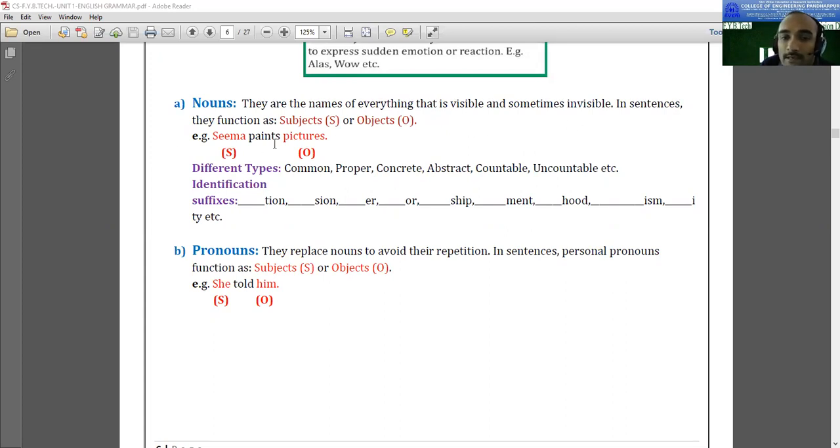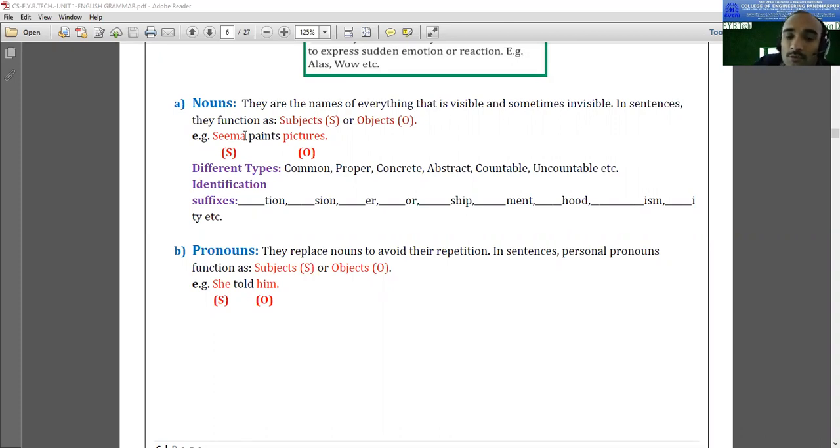For example, Seema paints pictures. Here Seema is called the subject of a sentence. Seema works as the subject of a sentence. And it is also called the noun.